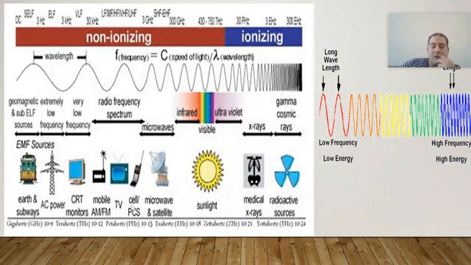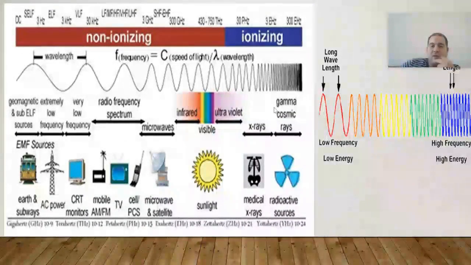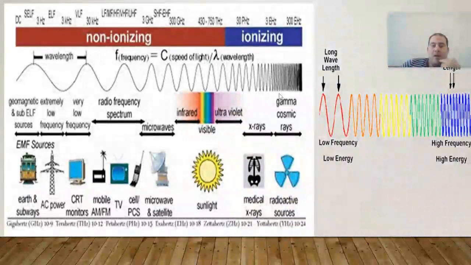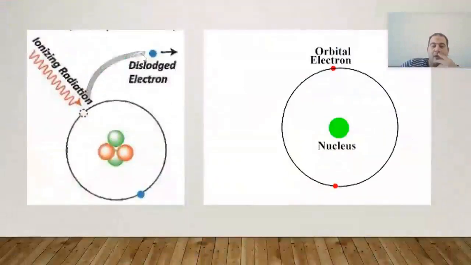These are the sources that contain ionizing radiation, including X-ray and gamma rays with high frequency and high energy. The idea is that the energy of radiation can cause a knockout effect and eject electrons from their orbits. This is the concept of ionization.